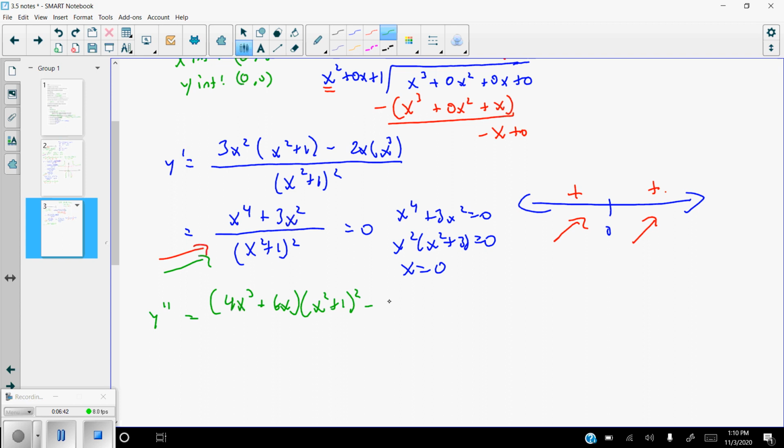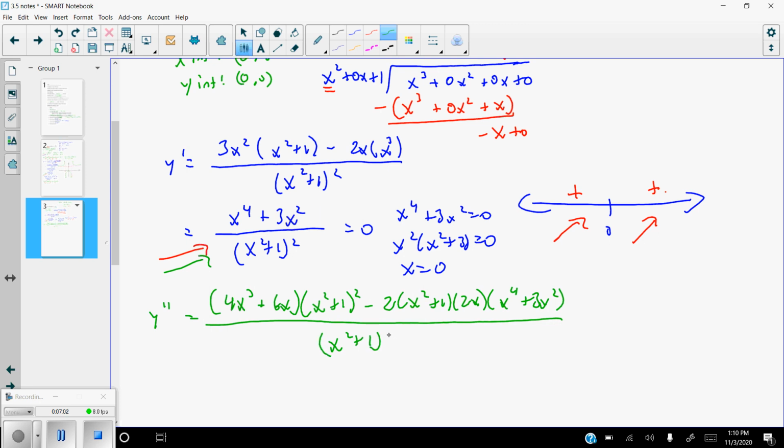Again, one bit of a chain rule here. So 2 times x squared plus 1 to the first power times the derivative of the inside of that parentheses, which is 2x, times the original numerator, x to the 4th plus 3x squared, all over the denominator squared. So now to the 4th.